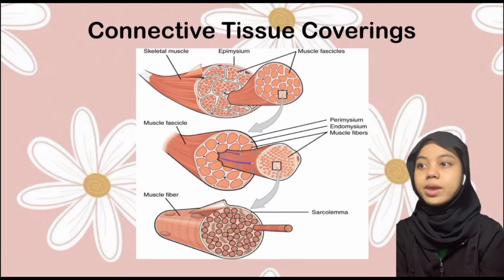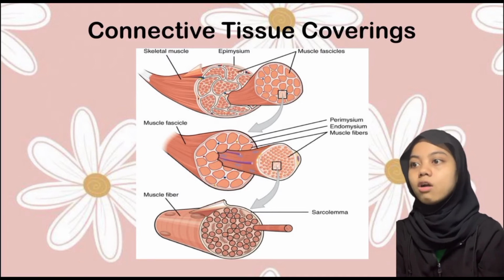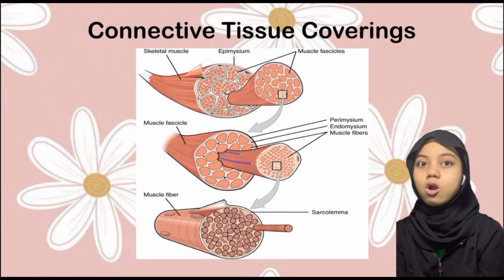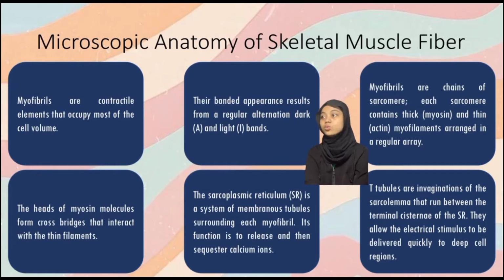The deep fascia mainly extends past the length of the muscle and attaches the muscle to a bone, cartilage, or muscle. Next, we go to the microscopic anatomy of skeletal muscle fiber. Myofibrils are contractile elements that occupy most of the cell volume.